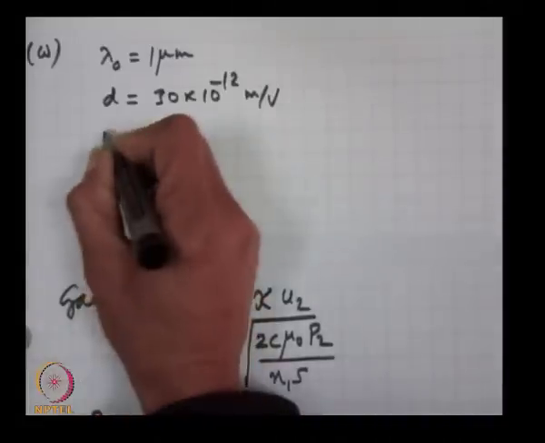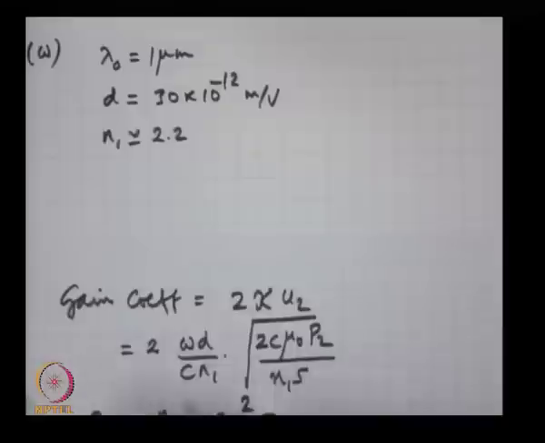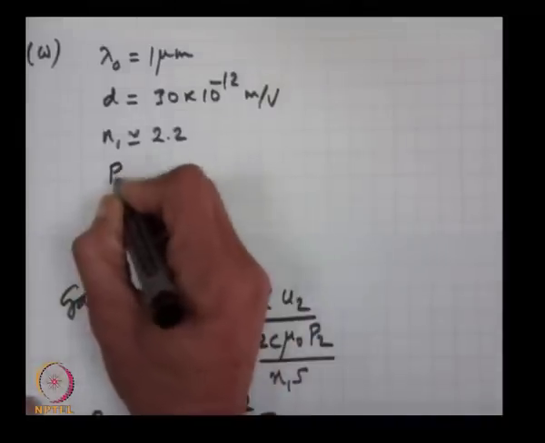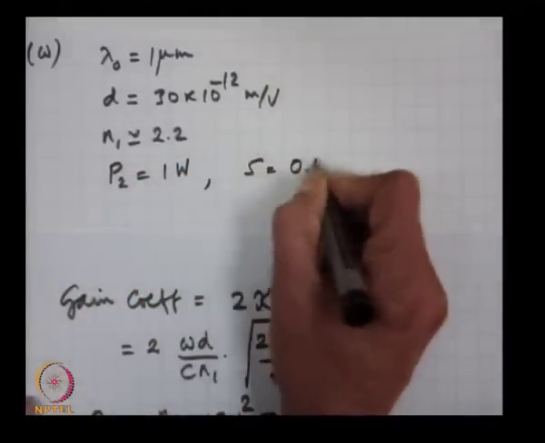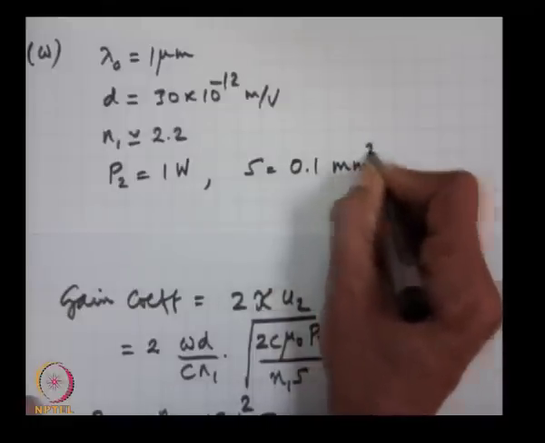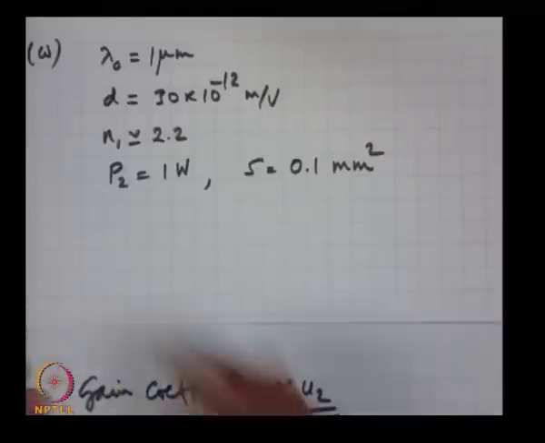We need the refractive index, about 2.2, which is the extraordinary index of lithium niobate. Let me take a power of 1 watt, and an area of 0.1 millimeter square. So let me substitute these numbers into this equation.